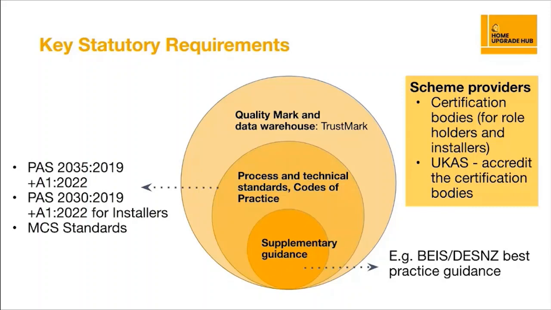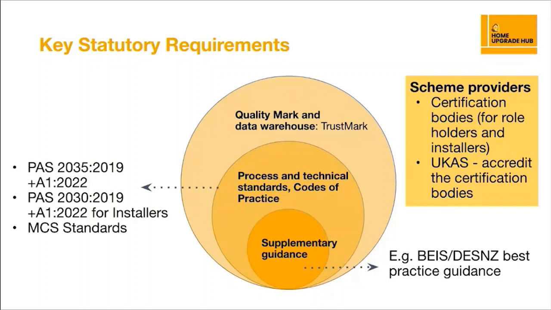So once someone is qualified in a particular role, so like an assessor or a coordinator, someone who's done that level 5 diploma, they must also be a member of a Trustmark approved scheme for that particular role. So this is where we've got certification bodies coming in. So these are companies like Elmhurst, Stroma, quite big ones that you'll see referenced a lot.